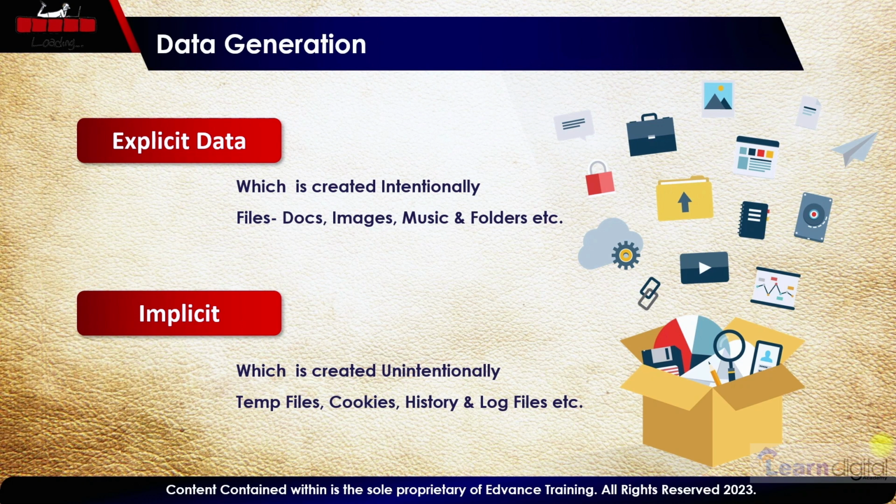Like if you are creating a new folder or a file, you are intentionally creating it, so that is known as explicit. But in laptops, computers, and systems, there is a way where data is created automatically, like temporary files, cookies, history, log files, etc. That is known as implicit data.